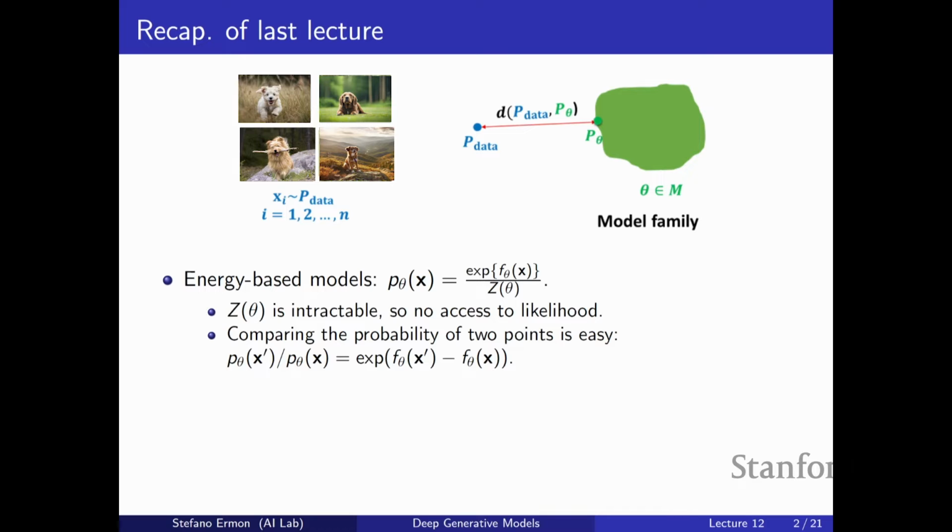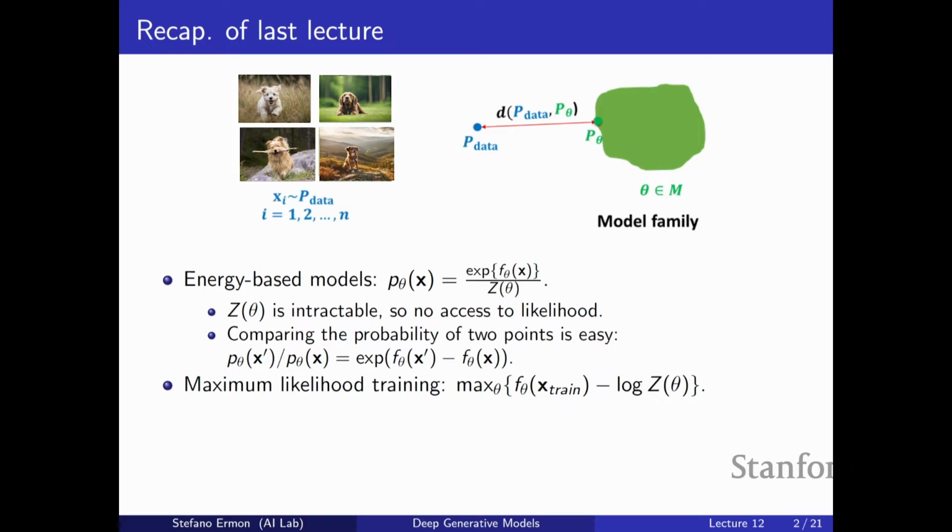And so it's easy to evaluate that expression in terms of whatever energy function, whatever neural network you use to represent f theta. The price you pay is that, once again, evaluating likelihoods is expensive.